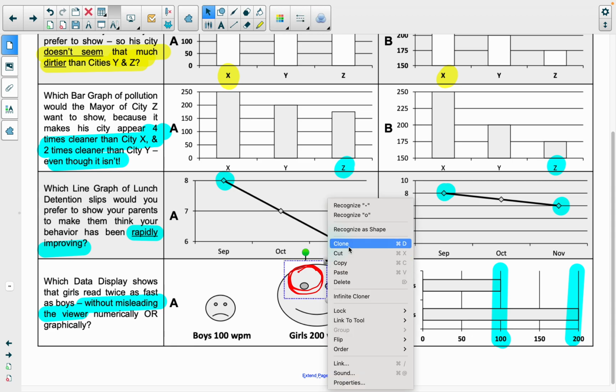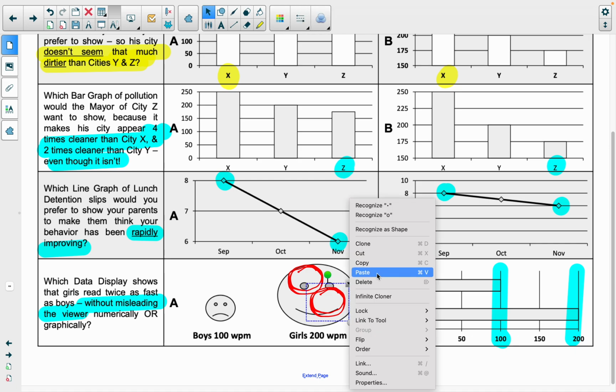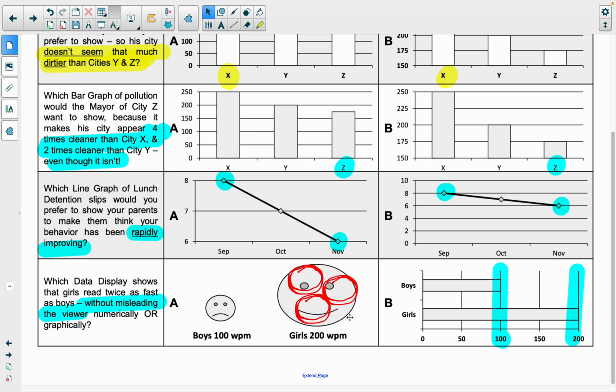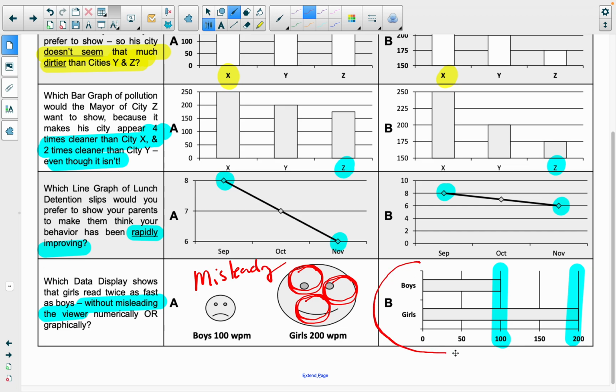Yeah, at least 3 or 4 circles. So it's making it look like girls read 3 times more than boys. Really, actually, with all that space, it's about 4. So in terms of misleading, this graph A is misleading. So if you're choosing the one that's not misleading, you should have chosen B.